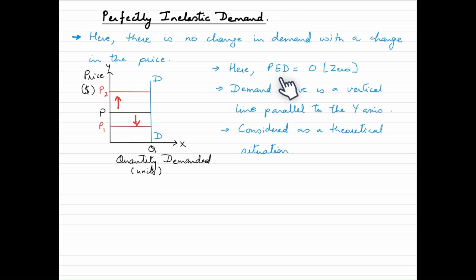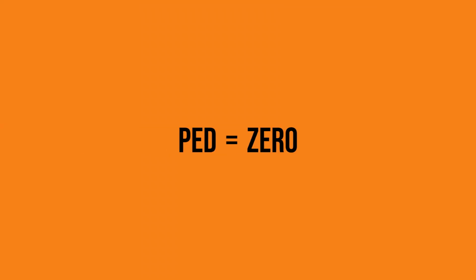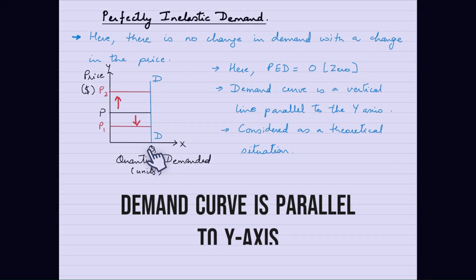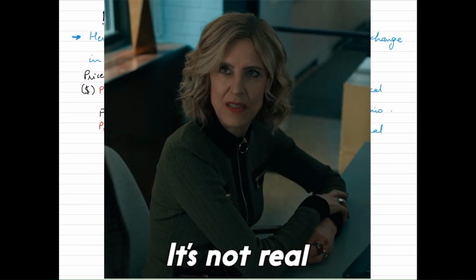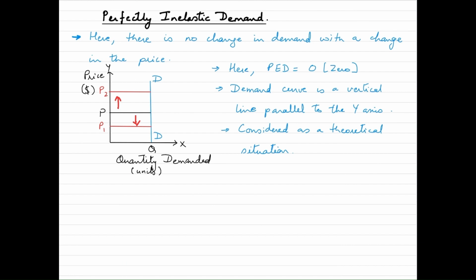Hence the value of the coefficient is equal to 0. My demand curve is a vertical line parallel to the y-axis, and again this concept is considered theoretical, but there are a few commodities that would still fall under this category.